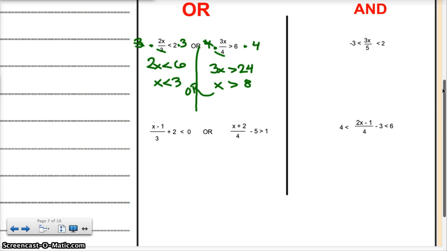All right, moving to the AND statement. I have -3 is less than 3x over 5, which is less than 2. I don't want to multiply both sides by the reciprocal because I feel like I would get really stressed out over it. So I'm going to use my trick by multiplying everything by 5, maintaining that algebra balance. 5 times -3 is -15, is less than, the 5's cancel, 3x, which is less than 10.